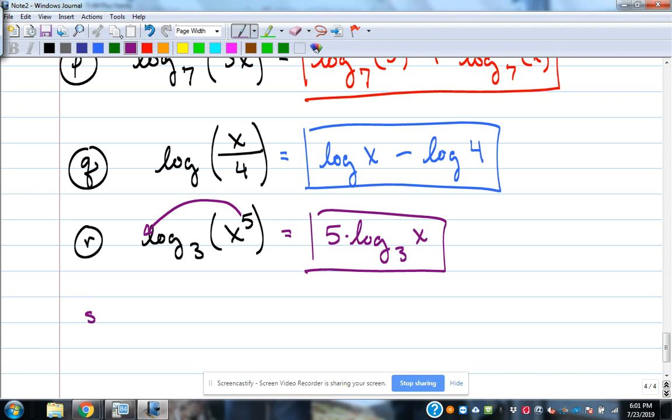Now let's start putting a few of them together. Okay? More than one property at a time. Okay? So let's take log base 4 of x squared y. So what's going on inside of that log?